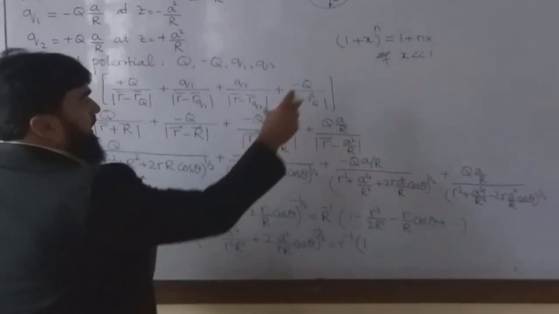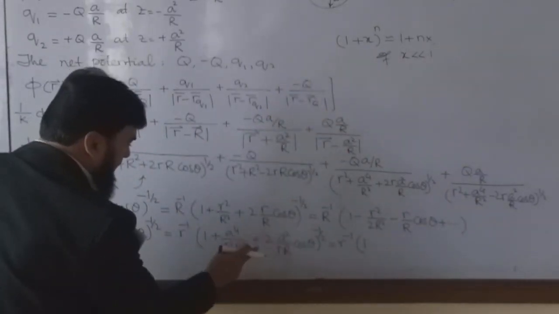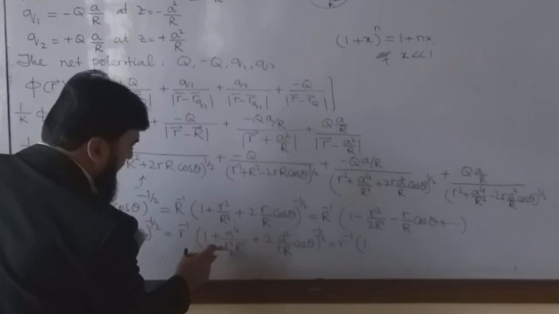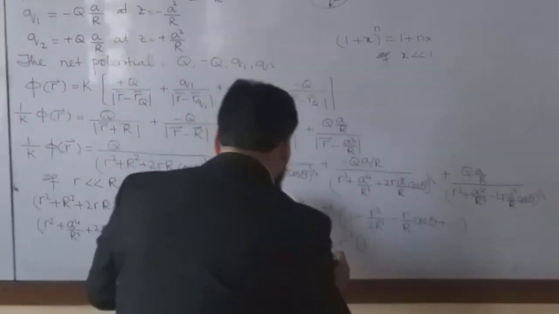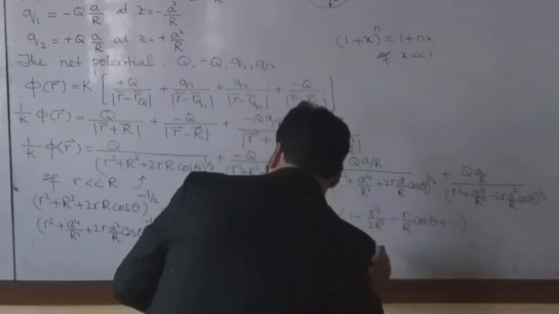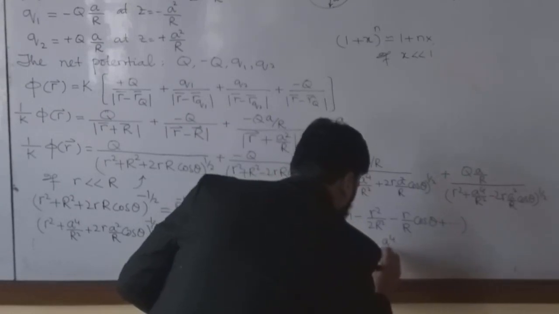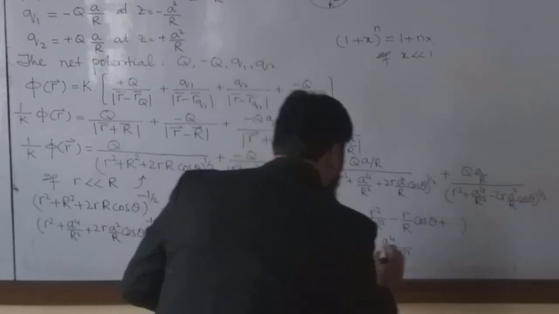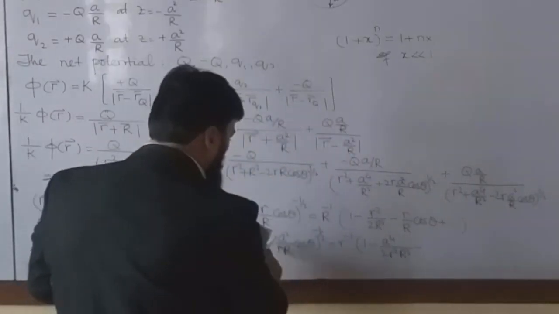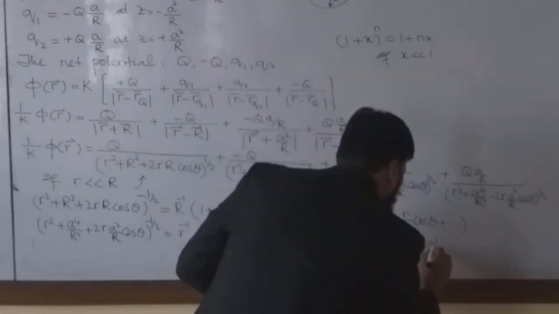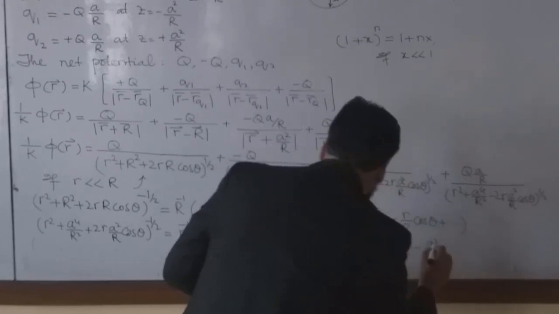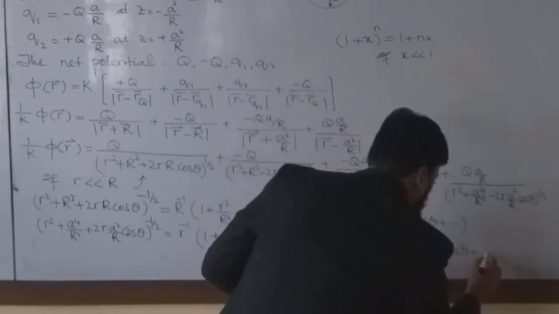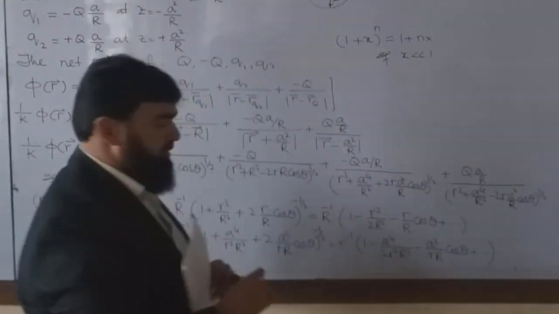Now I will apply this relation. So it will be 1 minus half of this one, so 1 minus a4 divided by 2r square, minus, the 2 will cancel, so a square over r and cos of the angle plus some other terms.